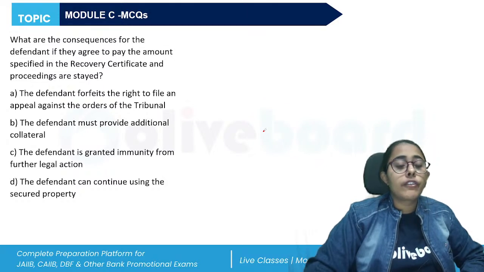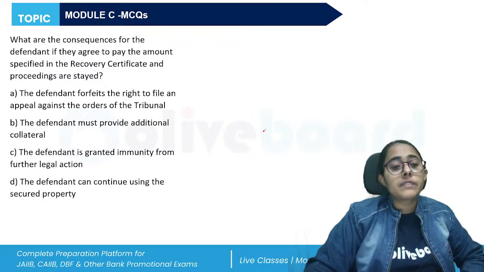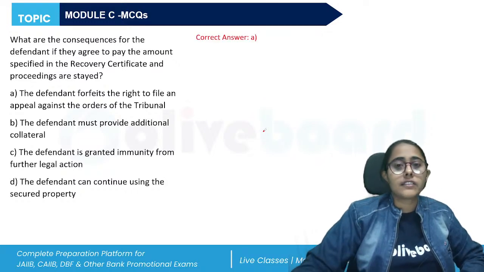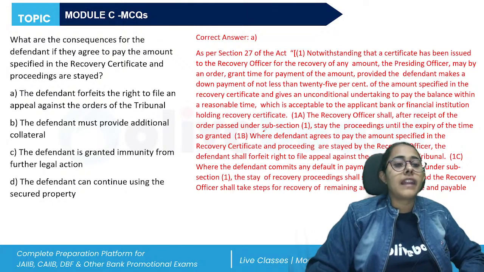The defendant forfeits the right to file an appeal against the orders of the tribunal because they have given their consent. The defendant must provide additional collateral. The defendant is granted immunity from further legal action, or the defendant can continue using the secured property. Again, a very direct question, a very simple question. The correct answer is option A, that once they agree, they have to forfeit the right to file an appeal.